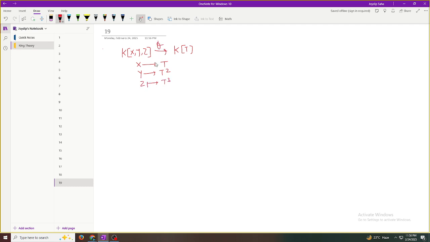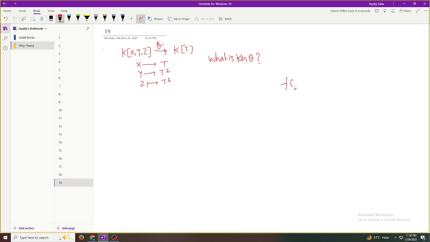What is the kernel of theta? Can you say something? What is the meaning of this?